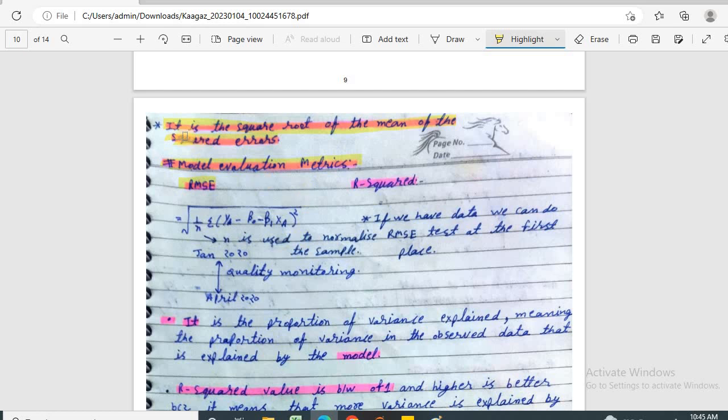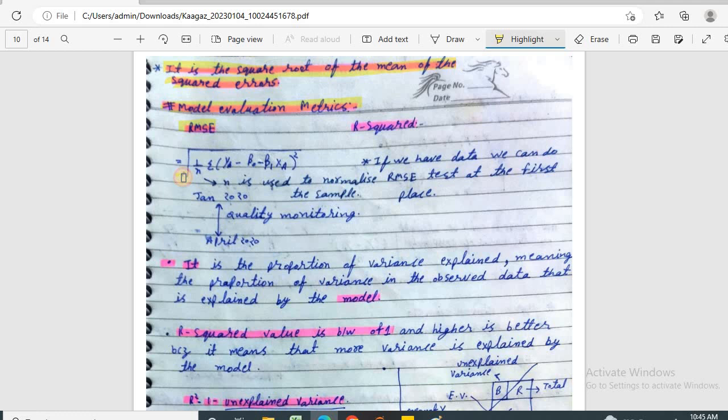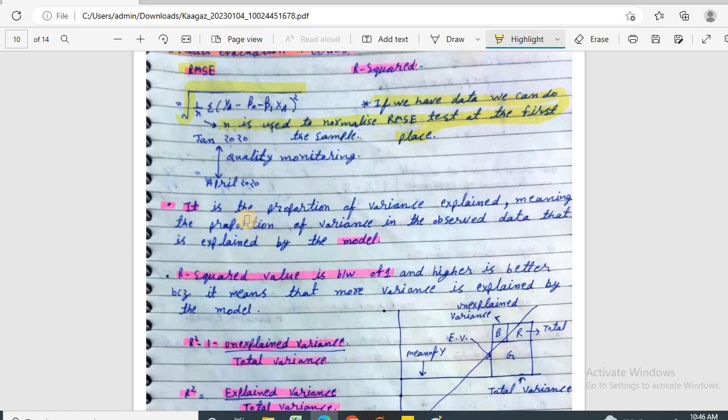The formula is under root 1 by n summation of (y actual minus y predicted) squared. n is used to normalize. So if we have data, we can compute RMSE.